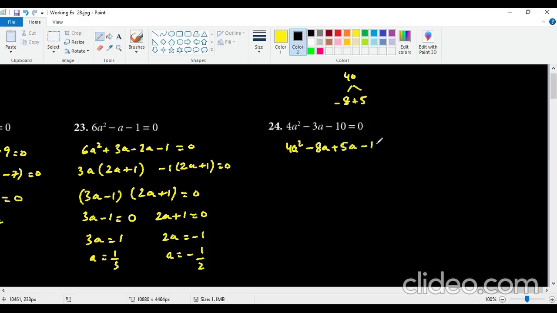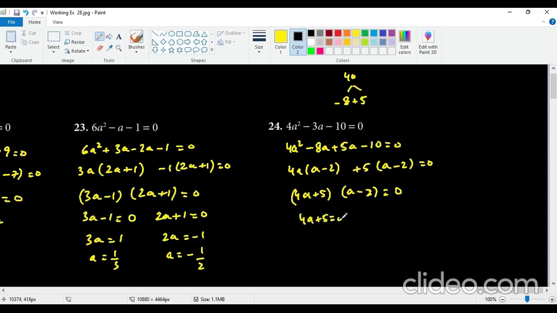to 0. And in here, the common in between them is a 4a, and a minus 2 will be in the bracket. As soon as I get first bracket, I'll copy this down, equals 0, and plus 5 I will write in between. So 4a plus 5 and a minus 2 are going to be the factors of this equation, and 4a plus 5 equals 0, and a minus 2 also equals 0.